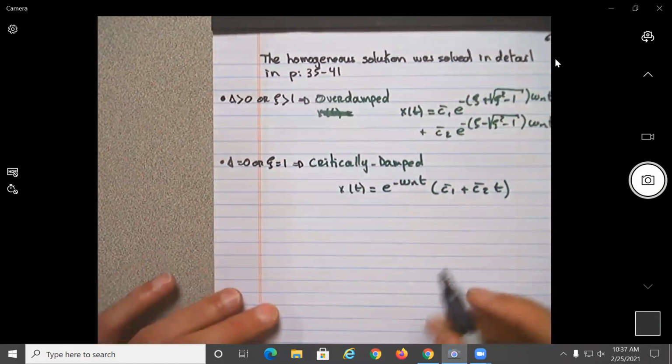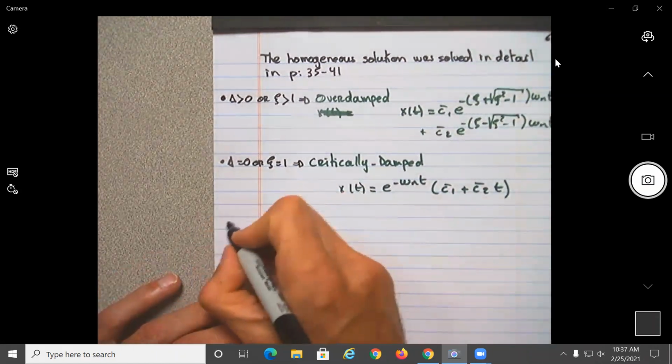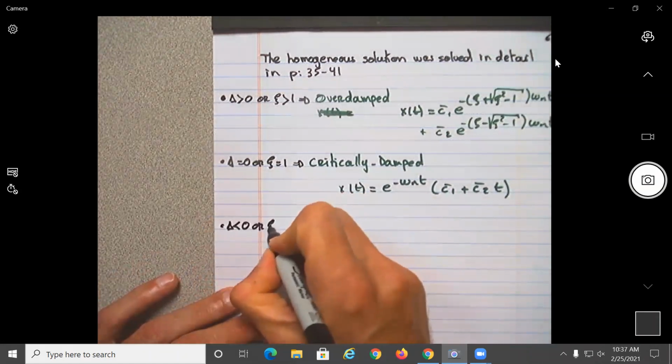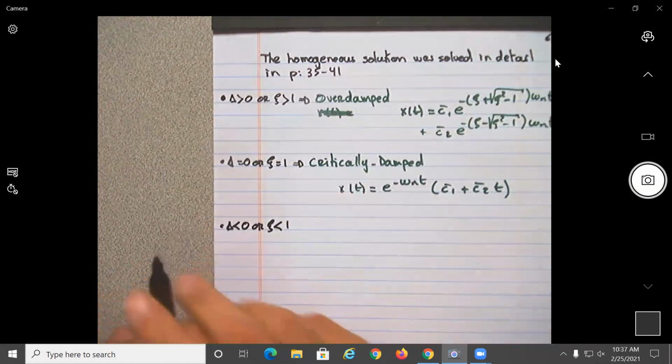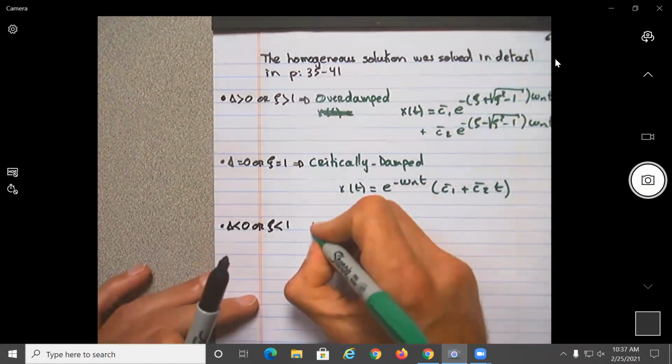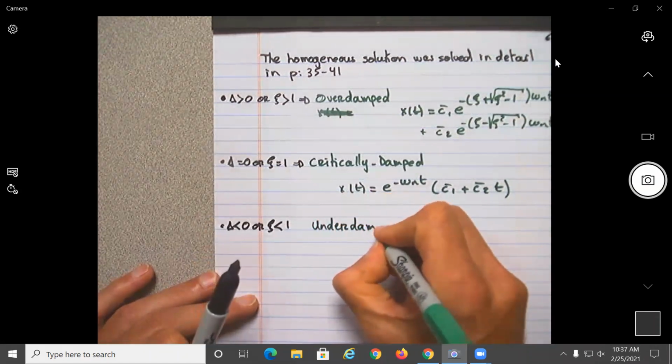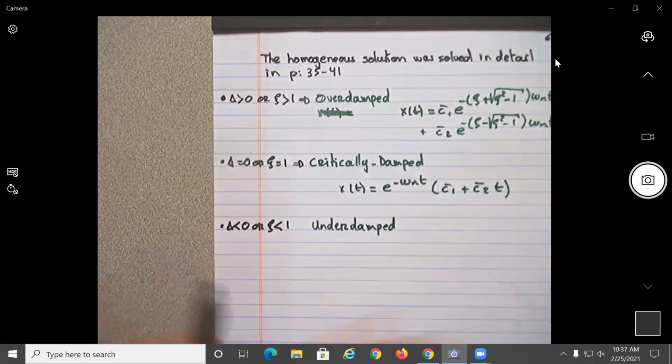And finally, which is the most common, when the damping ratio is less than 1, is the underdamped, which is the one of interest.